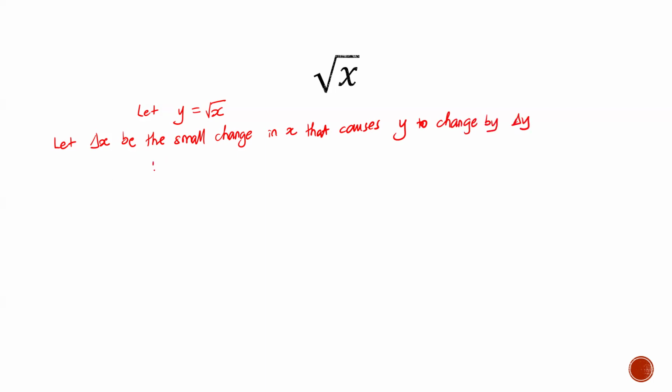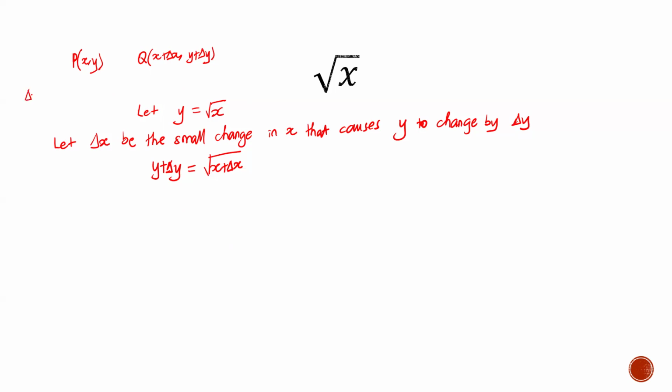And that would mean that y plus delta y is equal to the root of x plus delta x, because we have 2 points, point P, (x, y), and the point Q, (x plus delta x, y plus delta y).